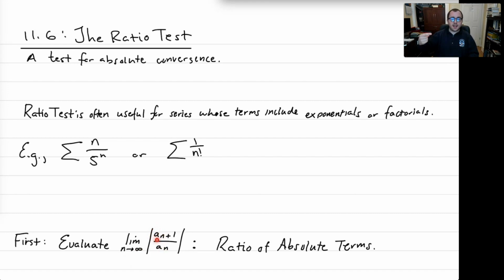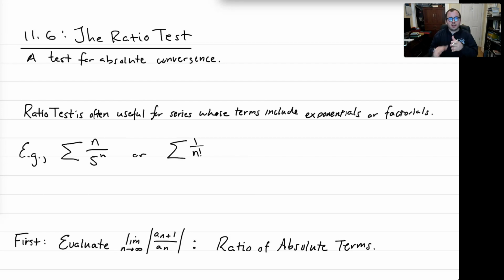If the (n+1)th term is bigger than the nth term, so the terms are getting bigger and bigger, then this limit is going to be large because the numerator will be larger than the denominator. If the terms are getting smaller and smaller, this ratio will be fractional because the numerator will be smaller. So we evaluate this limit, the ratio of absolute terms, and we use that limit, if it exists, to perform the ratio test.